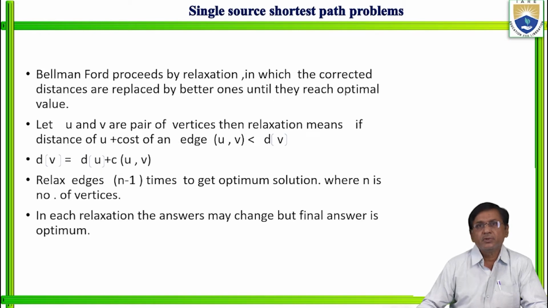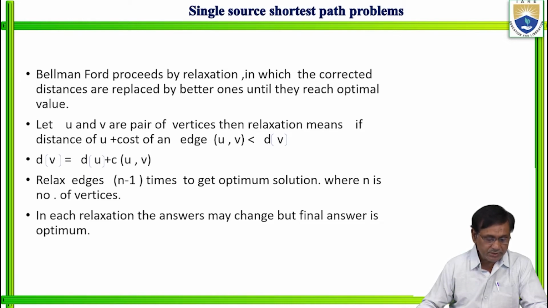In the Bellman-Ford method, it proceeds by relaxation, in which the current distances are replaced by better ones until they reach the optimal value. Let U and V be a pair of vertices, then relaxation means if distance of U plus cost of an edge UV is less than distance of V, then distance of V is equal to distance of U plus cost of the edge UV.